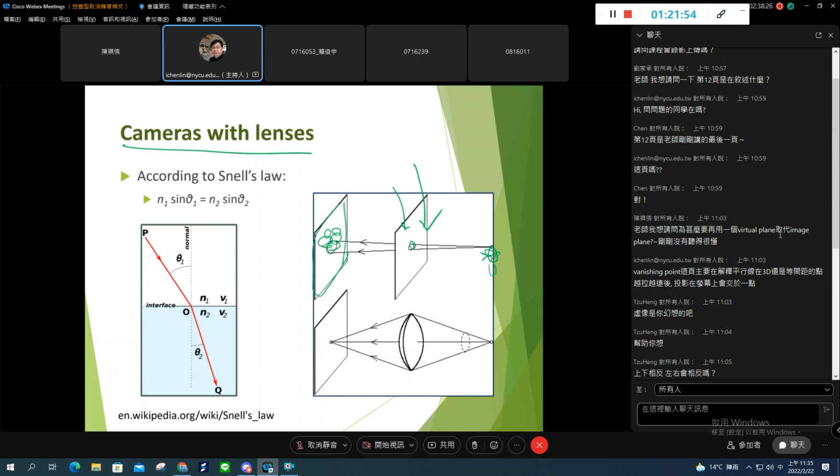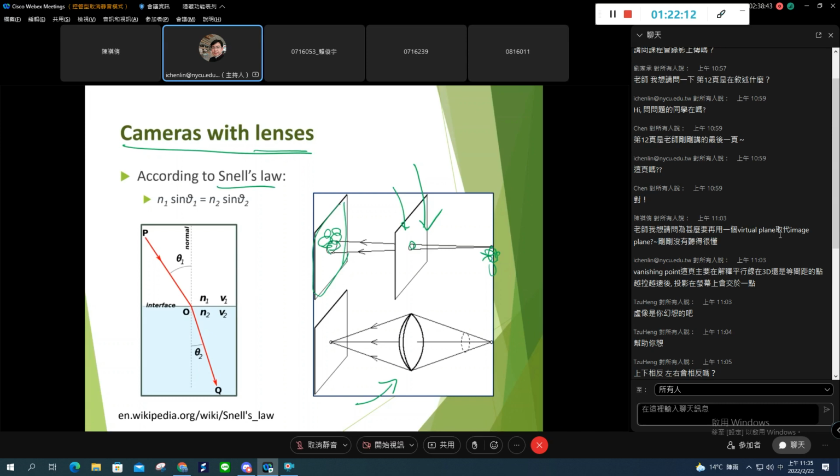So for real work, we have to use cameras with lenses. I think most of you learned Snell's law in high school, right?